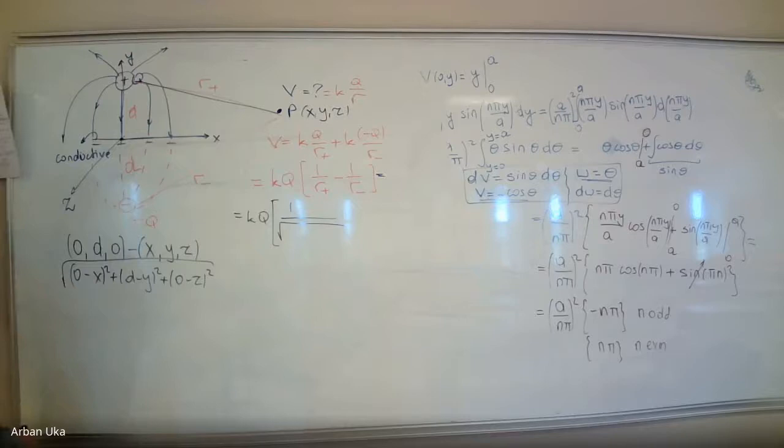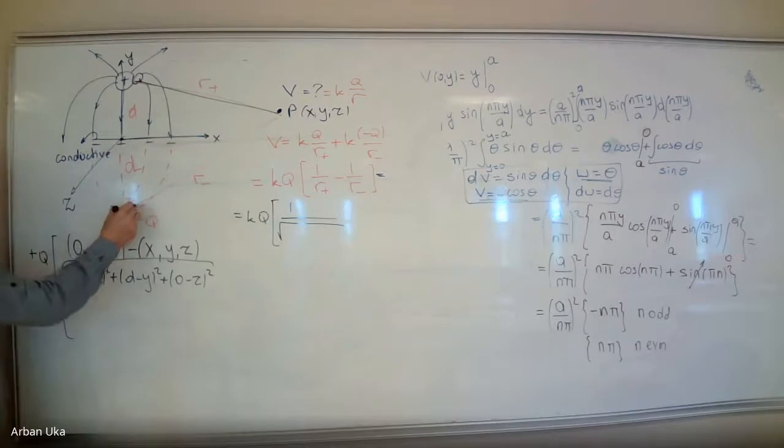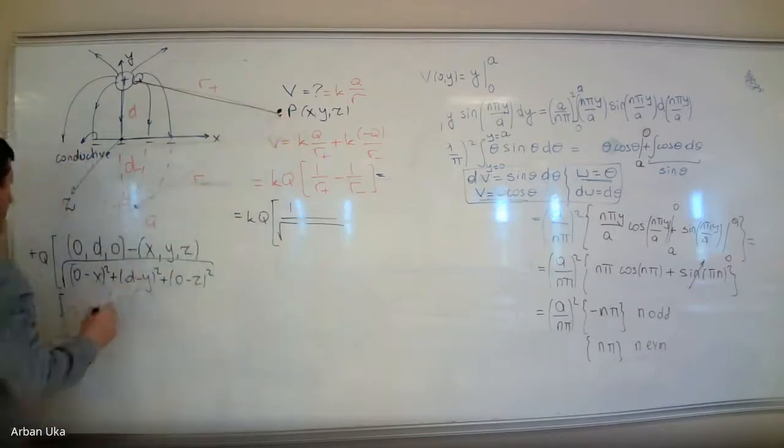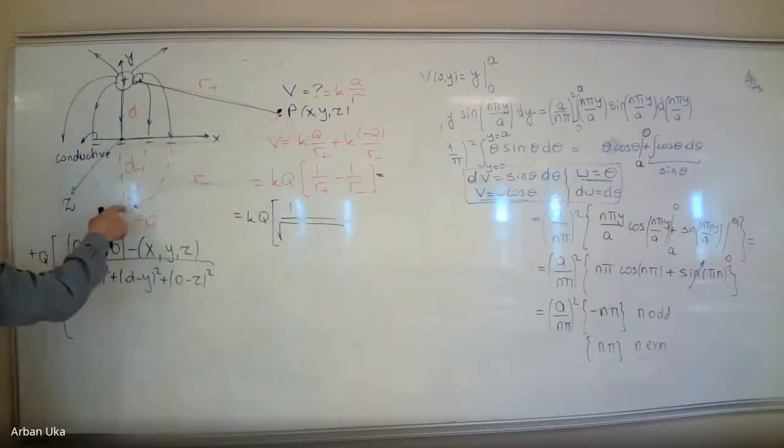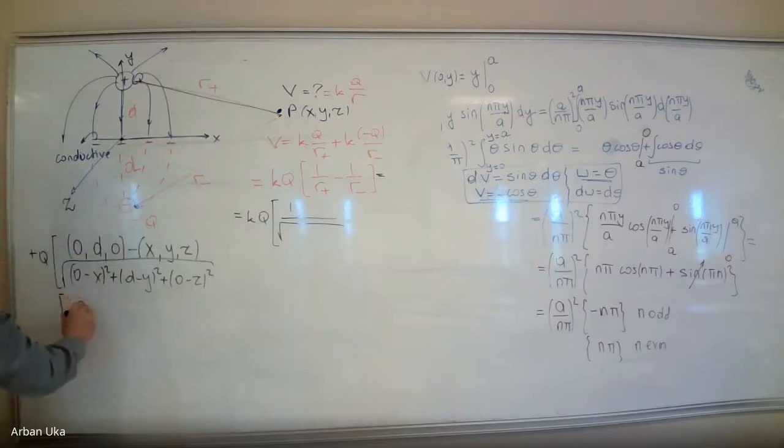Then we have the other point. So this was the plus q. The other charge, the negative q, we have the Euclidean distance from this point to here. How can we determine it? This is the location of this one. It is located at 0, minus d, 0.